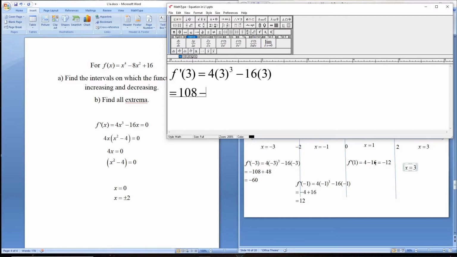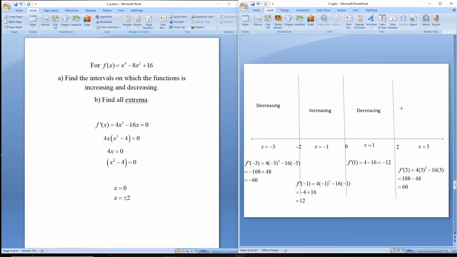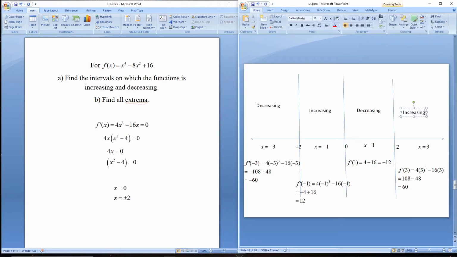And then a minus 48 to get us a positive 60 this time. And what we care about is that number is positive. The derivative is everywhere positive in this region, which means the function must be everywhere increasing.